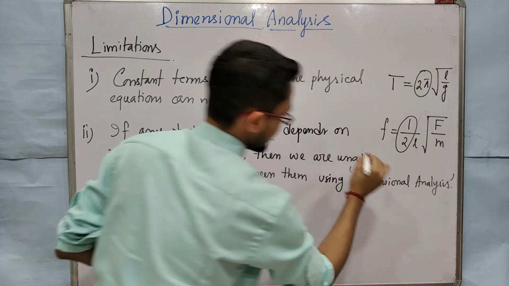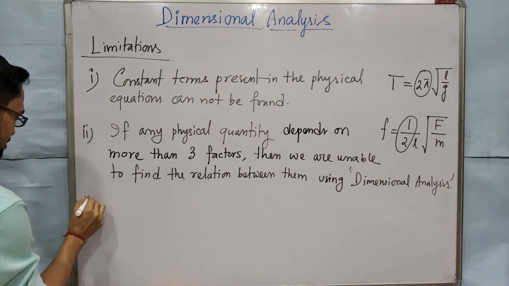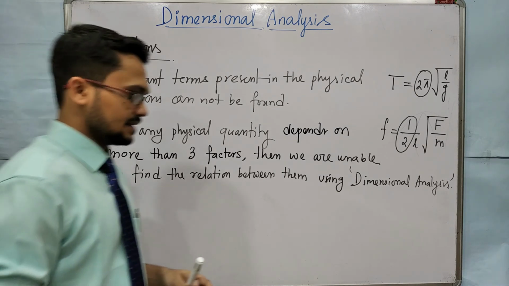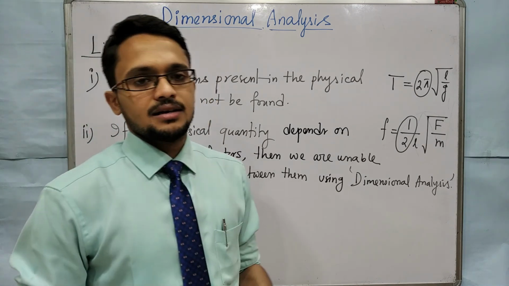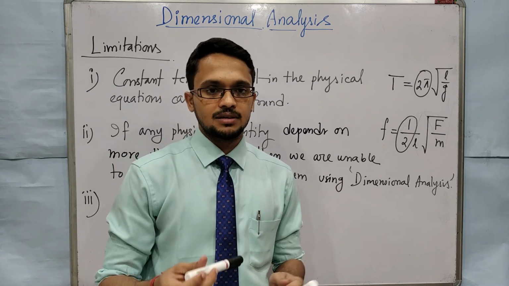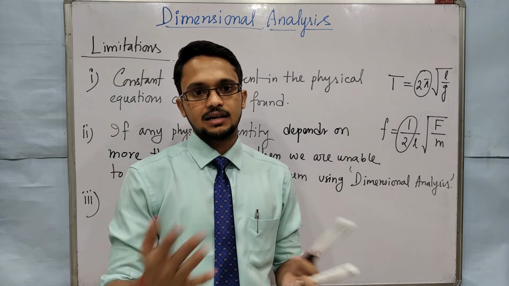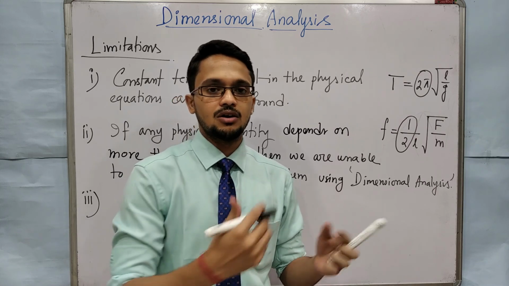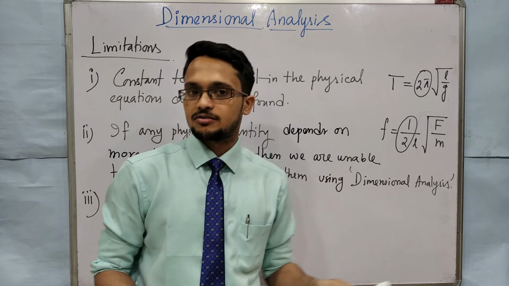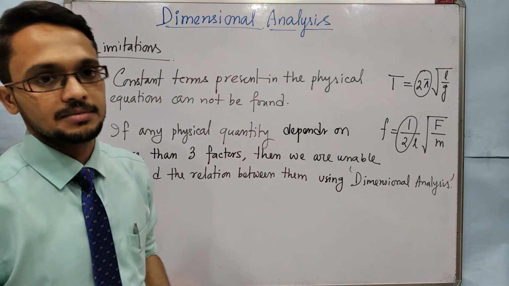Okay, understand? Third point and the last point: in any physical equation, if there are terms like sin theta, cos theta, tan theta, or a logarithm term or an exponential term, then we cannot find the relation using dimensional analysis.